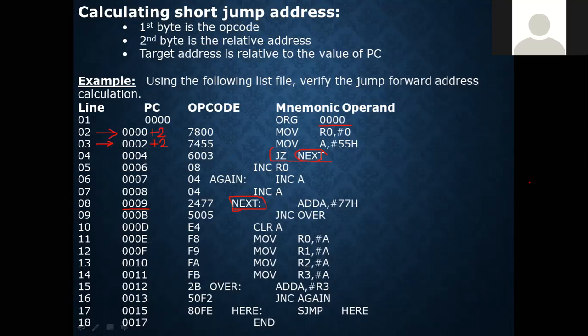So can you please repeat once more? Just write in your copy whatever I am asking, so that you can go over it again and again. When executing the instruction JZ next, then what will be the content of the program counter?